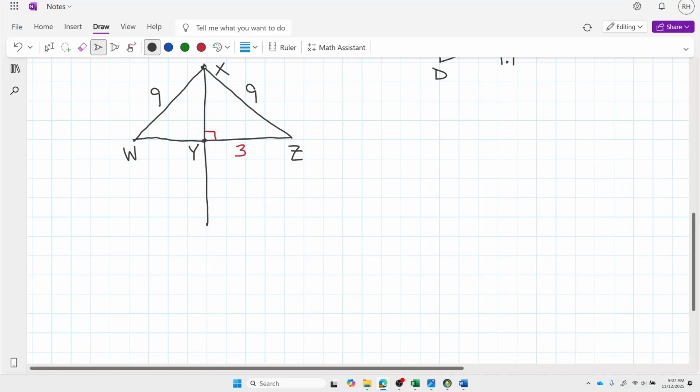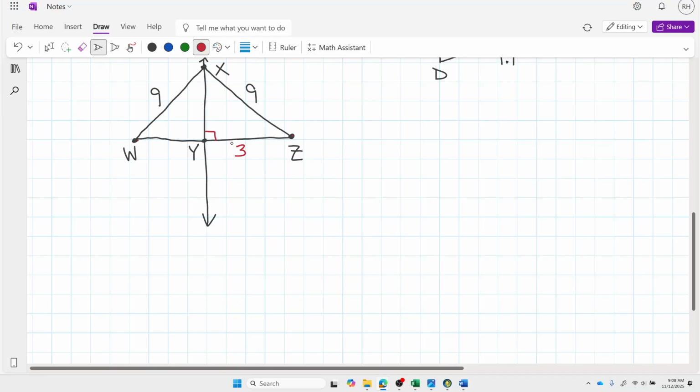So if X is the same distance from W as it is from Z, that's the converse of the theorem. If a point is the same distance from the endpoints of a segment, then it is on the perpendicular bisector. So if this vertical line is the perpendicular bisector, then doesn't it cut WZ in half?